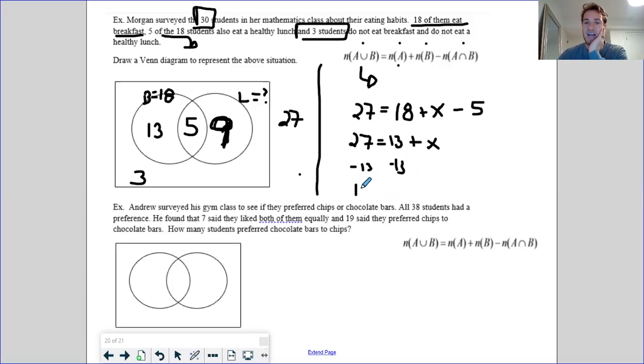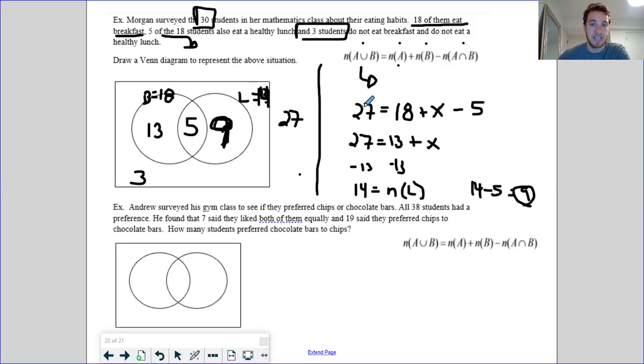Minus 13 on both sides is equal to 14. And that is the number in the lunch group. Now, that's the total section of 14. And then you would have to say, okay, 5 people are already accounted for, so that equals 9.